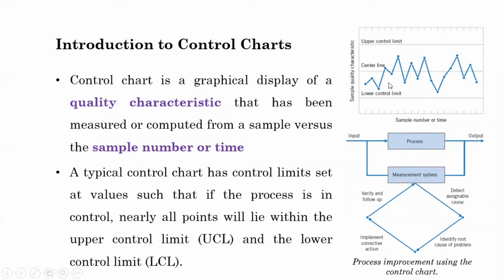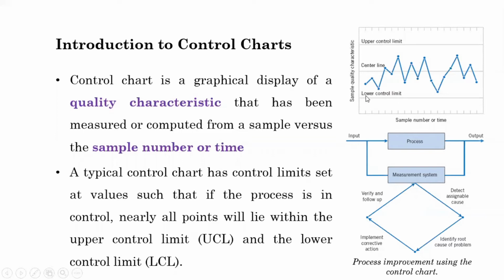So these are the ones that would be telling us the variability within the process that is producing these outputs. Then the other elements are the center line, the upper control limit and the lower control limit.